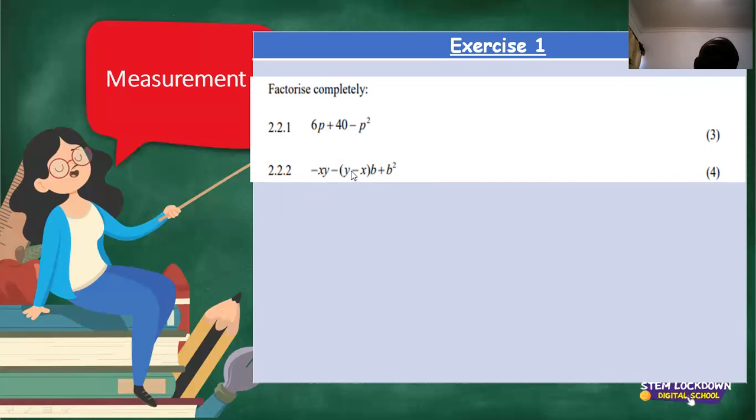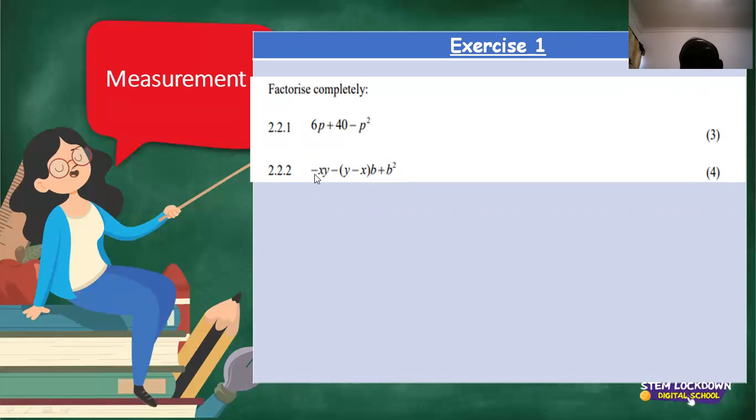To do that, we first open up the bracket by multiplying the b with the content of the bracket. We're going to have -xy minus by plus bx plus b squared.